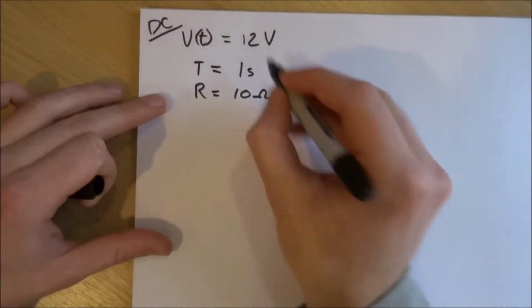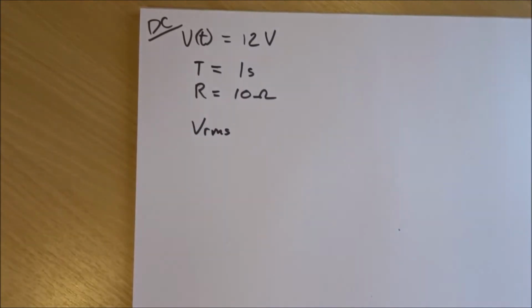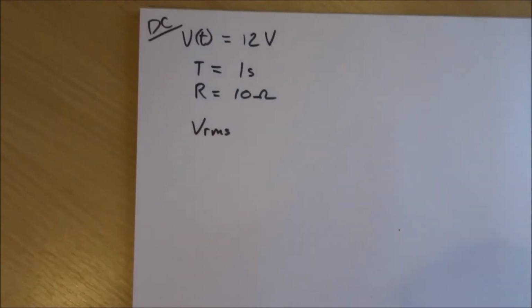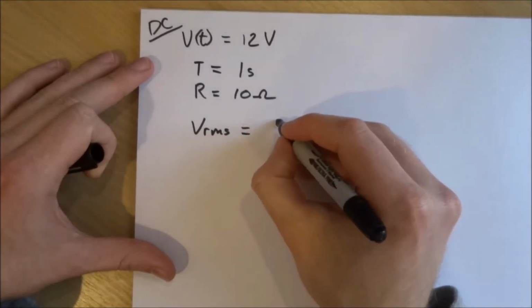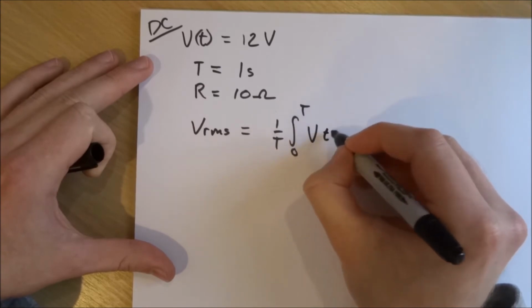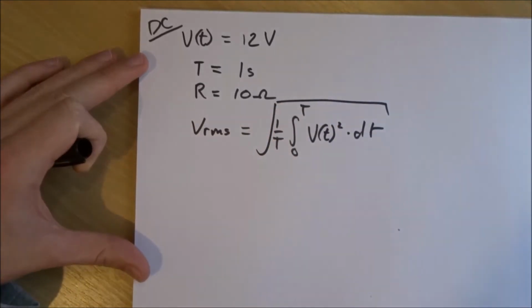The RMS voltage we can get from this because we simply say that the RMS, using our newly derived equation from here, is given by 1 over T times the integral from 0 to capital T of V of t squared dt, and we take the square root of the whole thing.